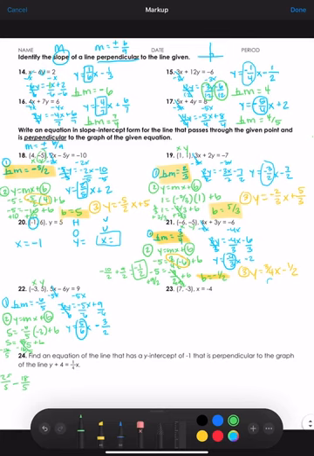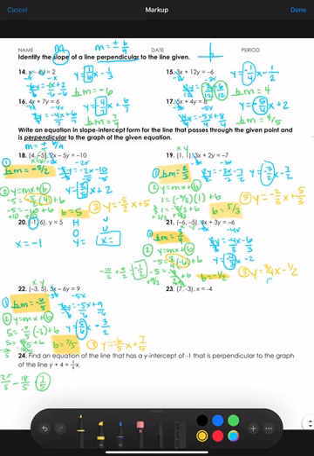So 25 minus 18 is 7. 7 over 5. Okay, so b is 7/5. Okay, now that I have b and I have m, I'm going to plug them in. y equals negative 6 over 5 x plus 7 over 5.